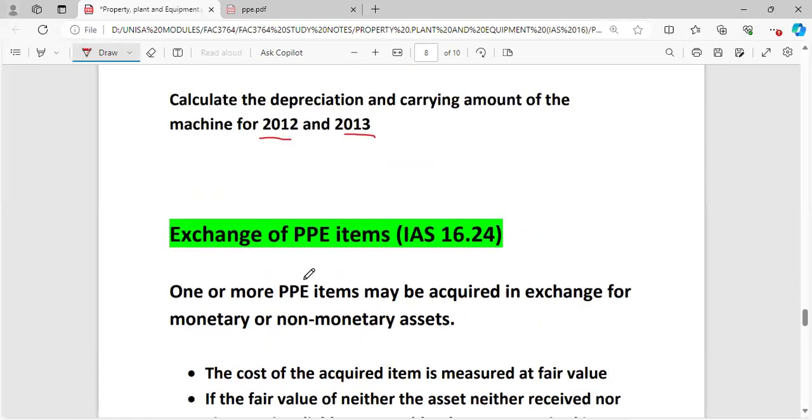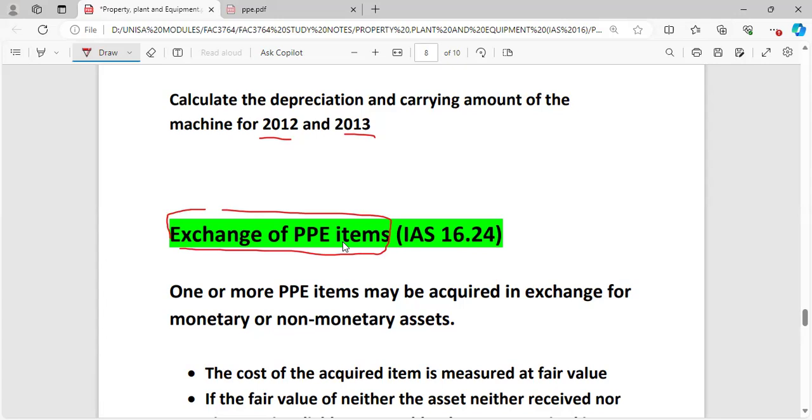I want us also to, in some of your questions, you will have a situation where there is an exchange of PPE items. You should be able to know which value you are going to use. This is also very important because in some of the questions, they will require you to determine the value or the cost of the asset where there is an exchange of PPE items.